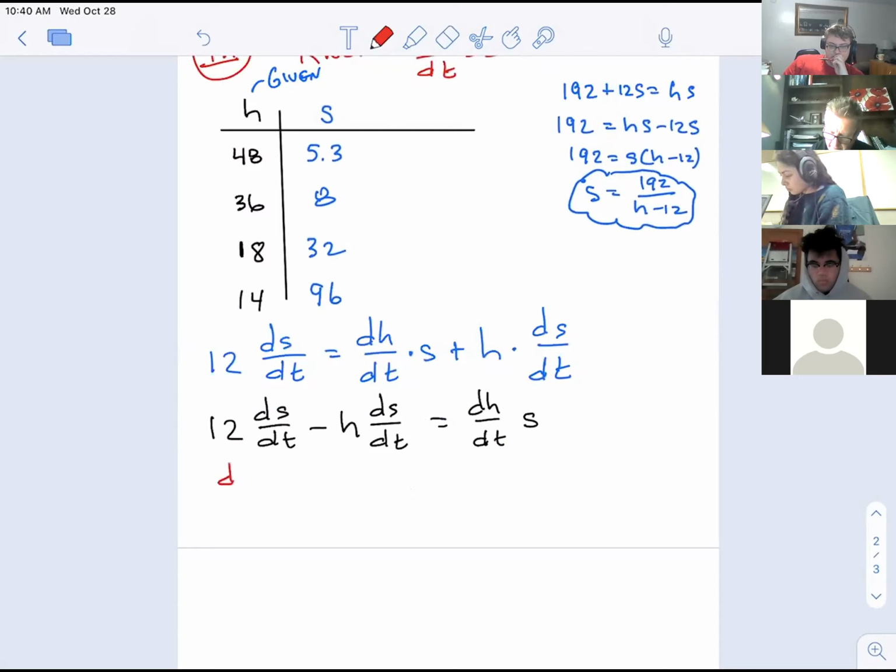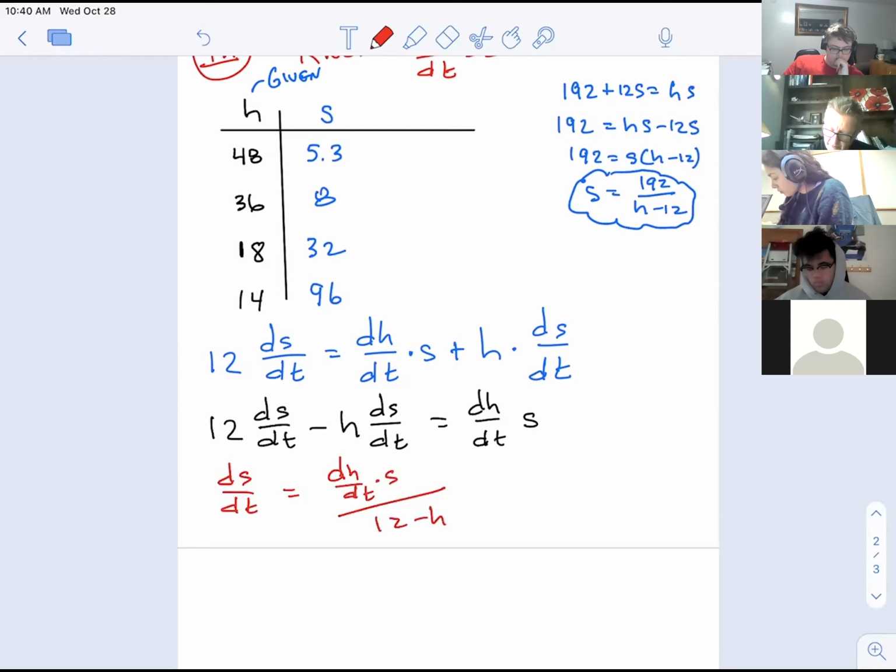So I'd get ds/dt times 12 minus h. And then I just divide it to the other side. Since I'm out of space, I'm going to do that in one step instead of two. So wouldn't that make ds/dt equal to dh/dt times s, all divided by 12 minus h? Isn't this going to save me some time?